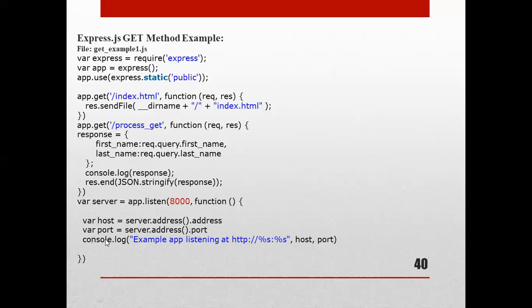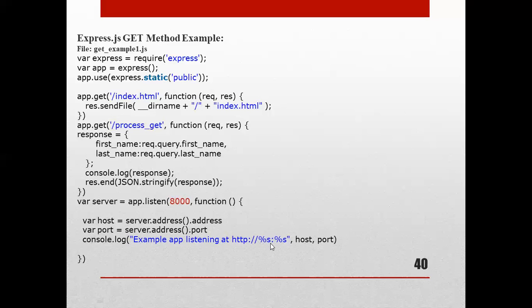Then print one message like console.log: this example app is listening at the URL, http://%s:%s, host and port. So it will give the message that the example is listening at the port number and the host name.